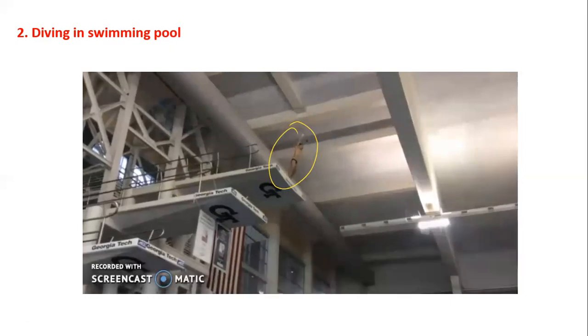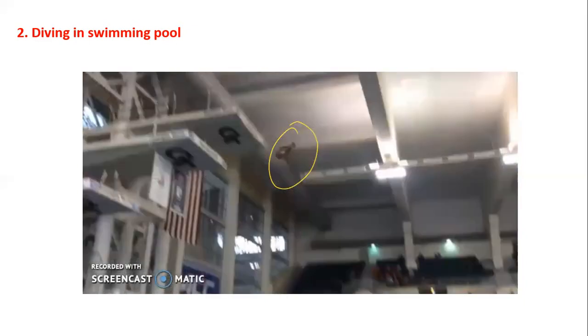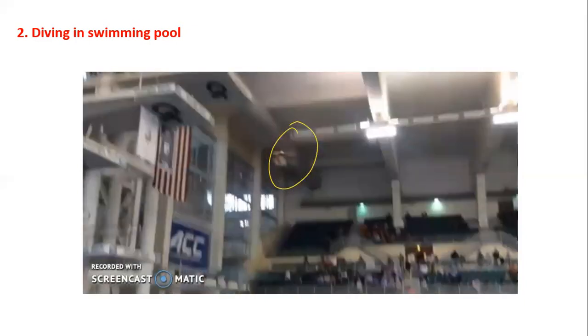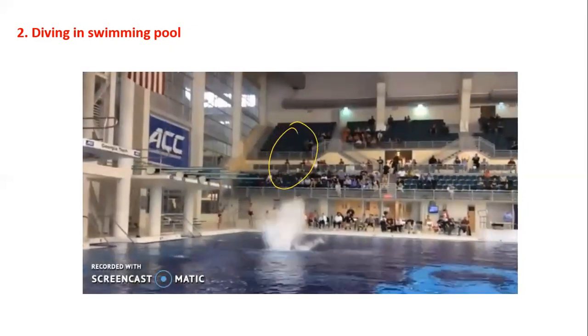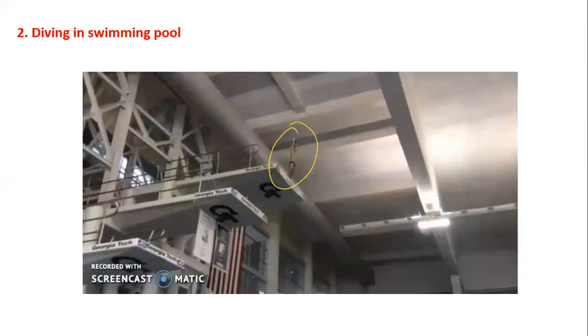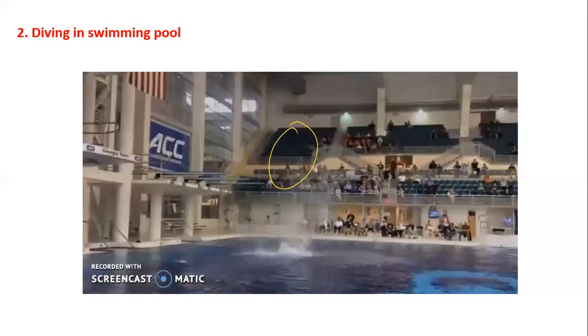Now the body is stretched, moment of inertia is larger, omega is small. Again the body is stretched, so the speed of the body decreases. You can check this video again.